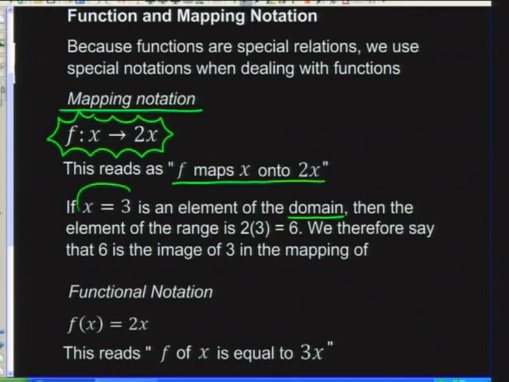Remember, your x values are your domain. Then the element of the range, remember the range is the y values that came out, is going to be 2 times 3. Remember that obviously the 3 had to get substituted into the x. And obviously what we get there is 6. So we say that 6 is the image of 3 in the mapping of that relation.